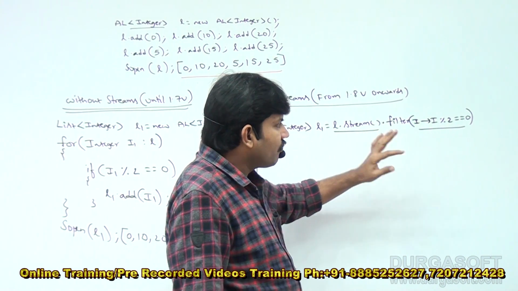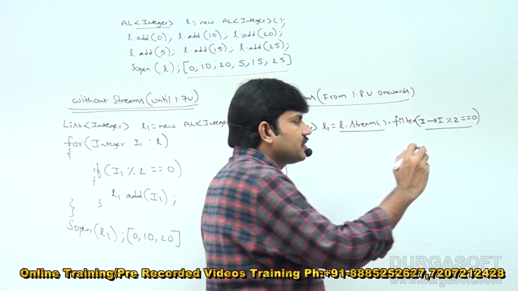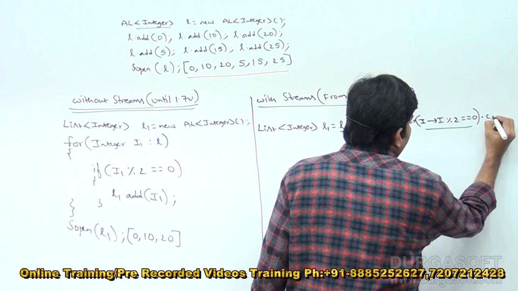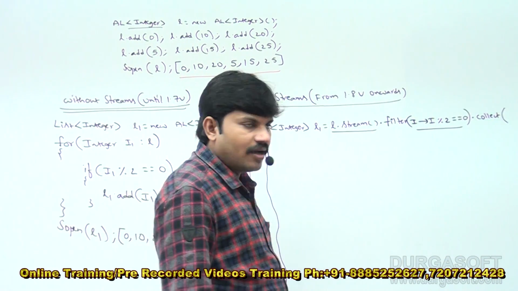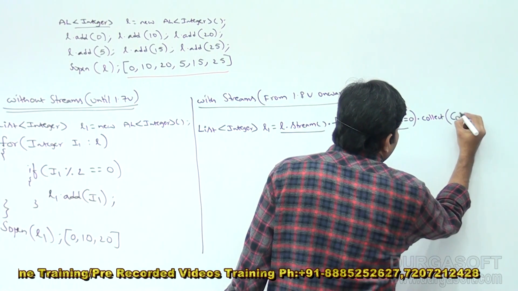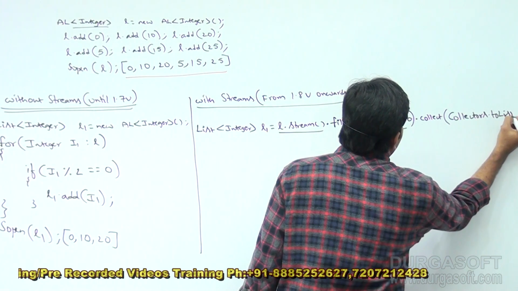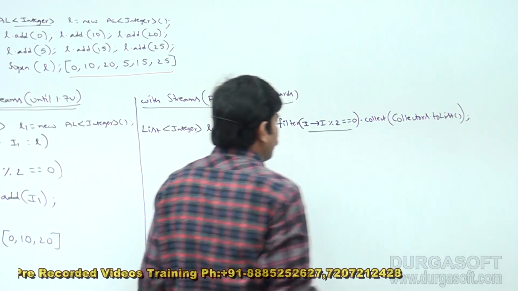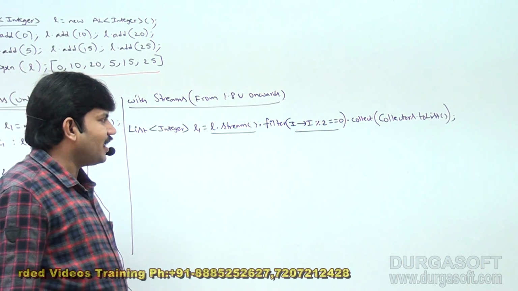Sir, now after filtering, can you please collect such values? What is the method we have to call? collect, Collectors.toList(). Don't worry about this terminology, I will discuss in detail.